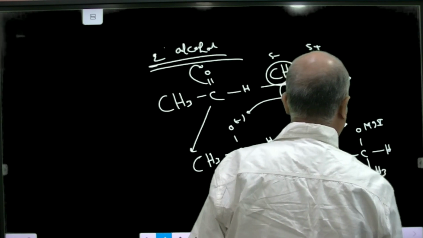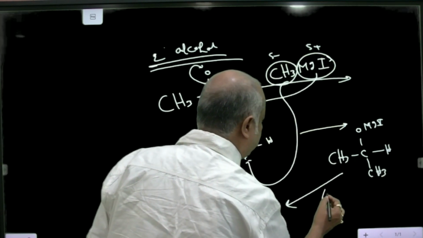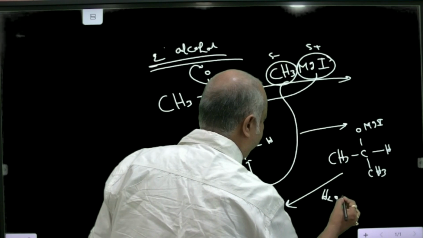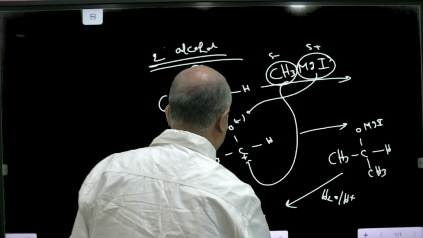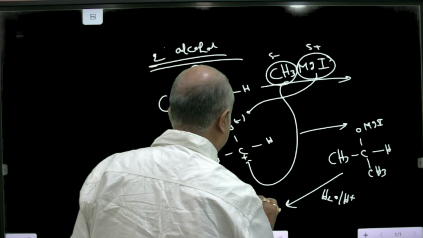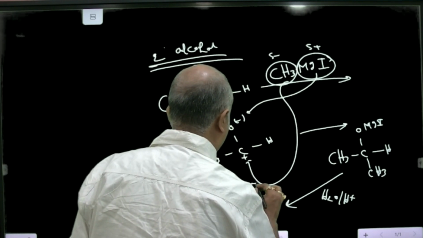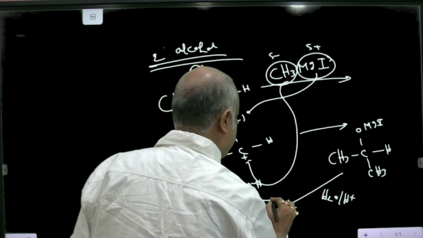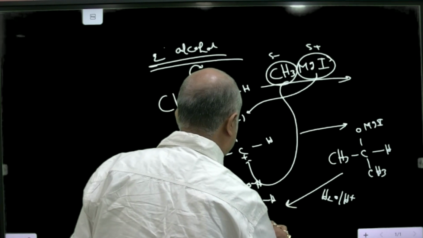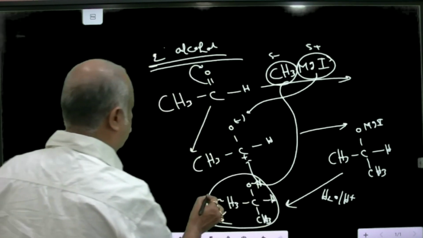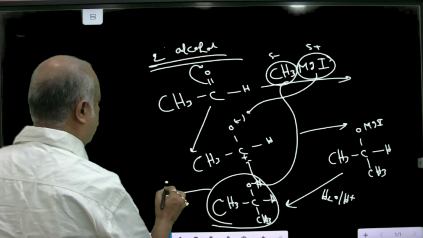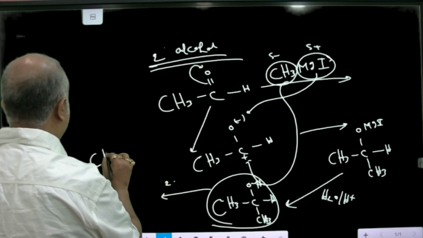That is the addition product. After hydrolysis, it will get CH3CH(OH)CH3. That means 2-degree alcohol, that means propan-2-ol.